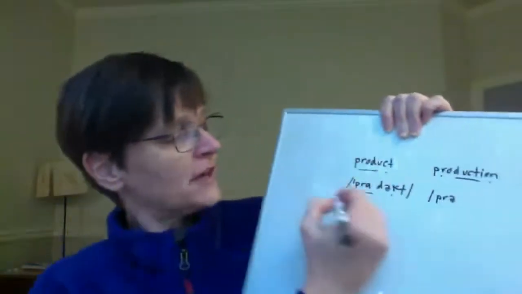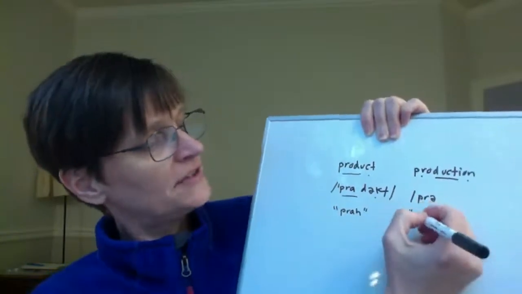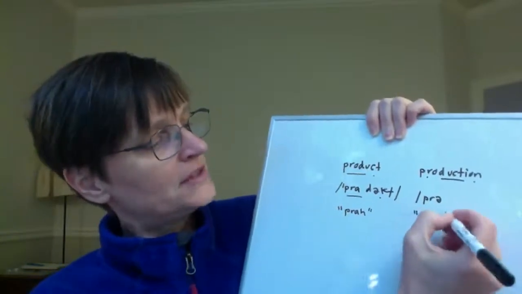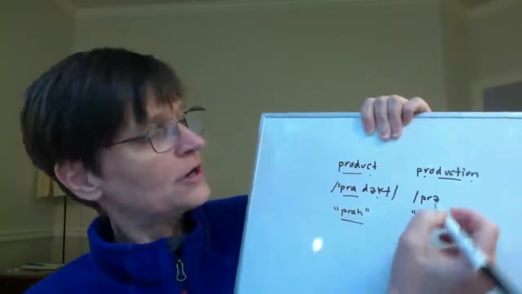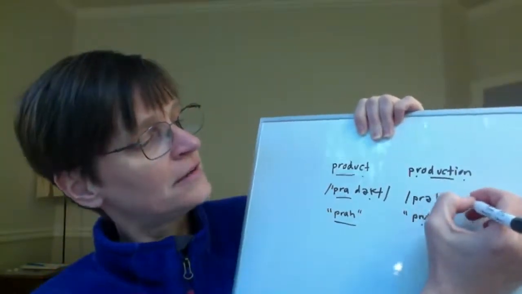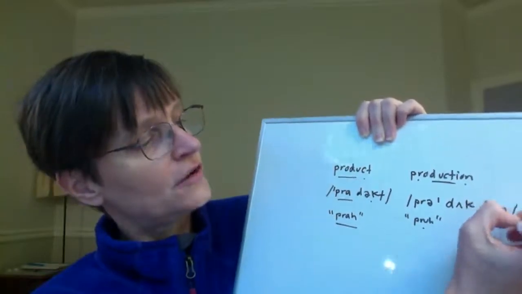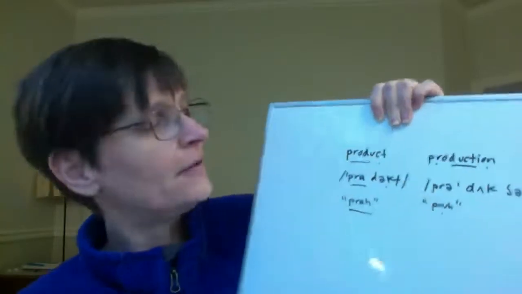The first one sounds like pra, product, and the second one sounds like pra because it's quick. So long and short. Production. So my stress comes on the duck and then unstressed on shun, another schwa vowel.